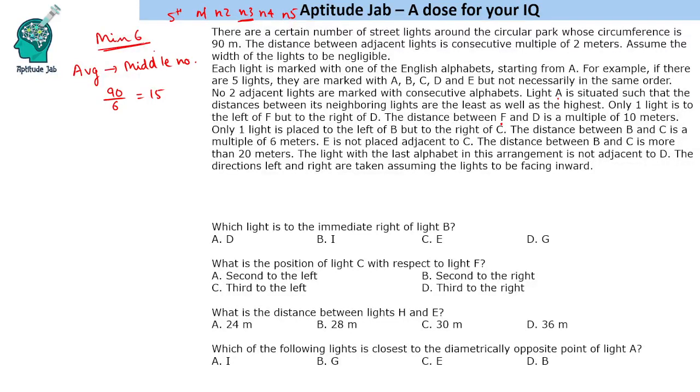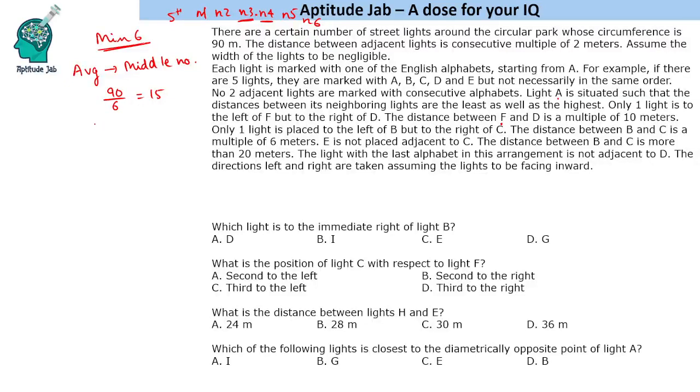But if there are six numbers, the middle falls between n3 and n4. If there are six numbers, there will not be any one middle number. So 15 is between these two numbers.